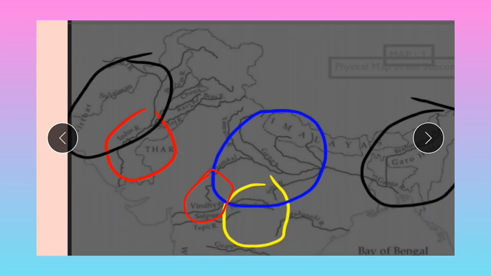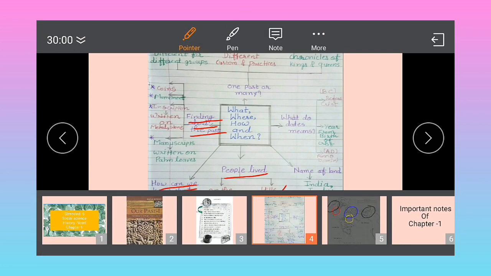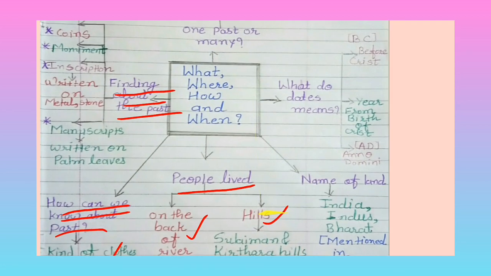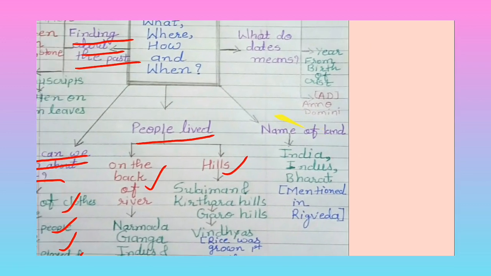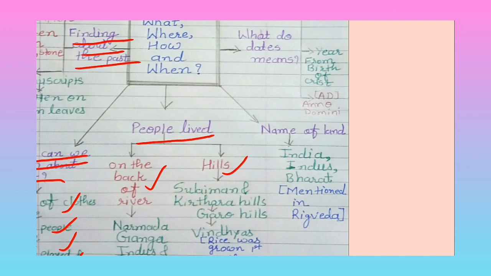So from that we can see that people started to live in these regions. Do you know why people started to live in these areas? Because there was a water facility, and water is a prior requirement to establish any civilization.